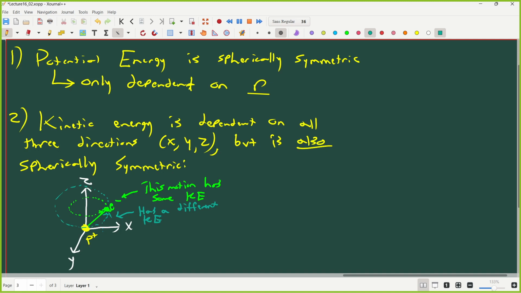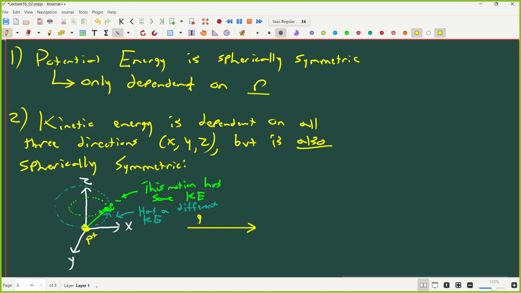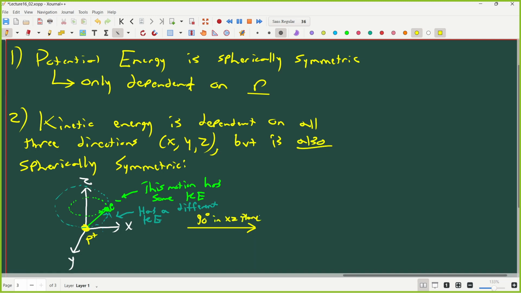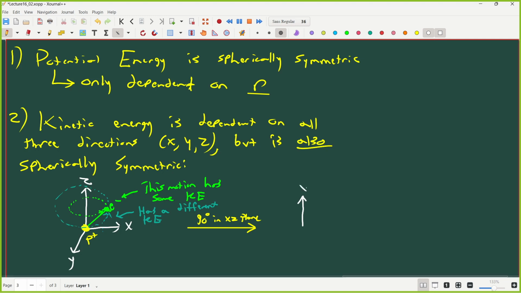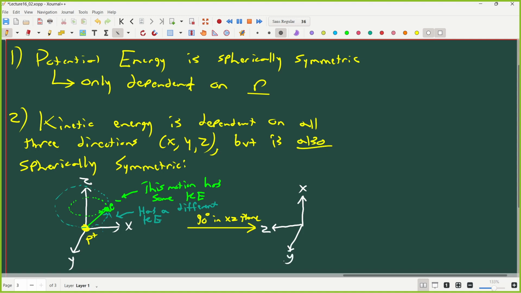What do I mean by that? Well, if I rotate this system by 90 degrees in the xz plane, what does that look like? Now the x-axis is pointing up, the z-axis is pointing in this direction, and the y-axis hasn't moved.